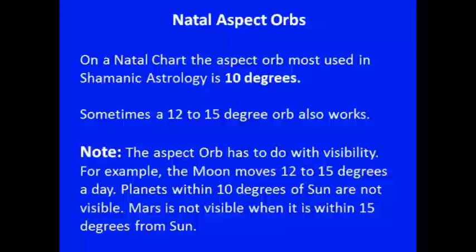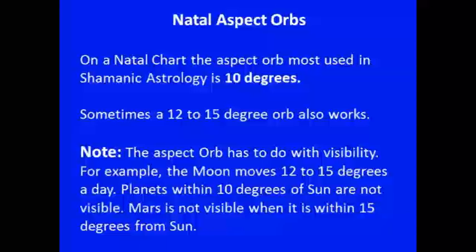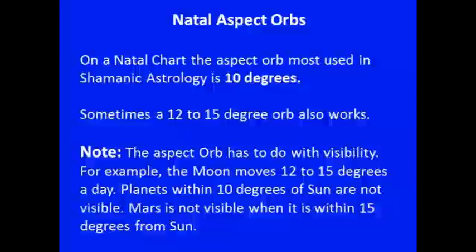But sometimes they can still look pretty close together at 12 to 15 degrees. Also, the moon does move 12 to 15 degrees a day, and some days it moves faster than others, so it covers more ground. If you looked at the sky one night, and the next night you would see that the moon had moved about 12 to 15 degrees from night to night.